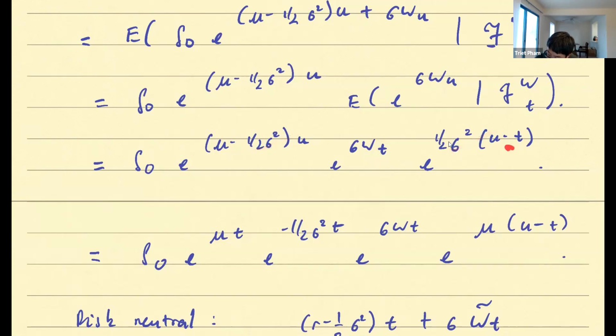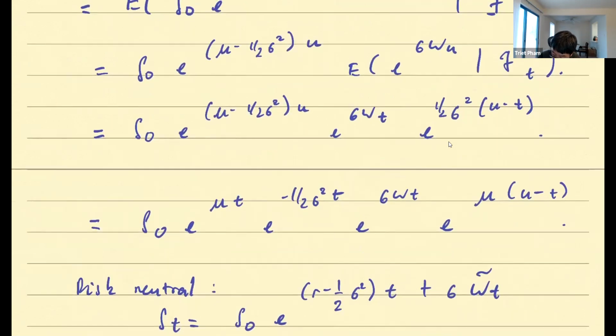This is the minus term here. So I have mu u, but I want to recover the ST, so like this. And so the final answer is really ST times e to the mu (u minus t). Now this makes much better sense.